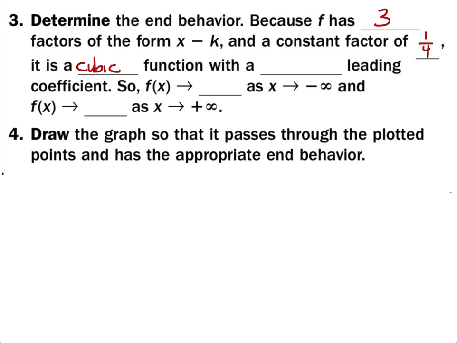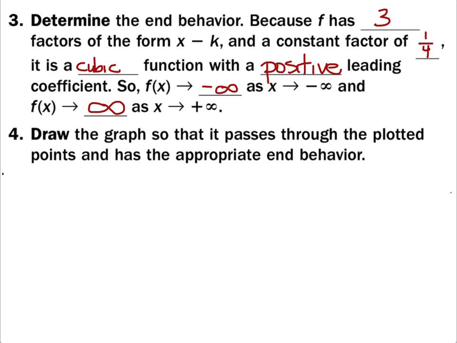Because it has 3 factors, it's going to eventually end up as x to the 3rd, and it has a positive leading coefficient. So it says f of x goes to -infinity as x goes to -infinity, and f of x goes to infinity as x goes to positive infinity.